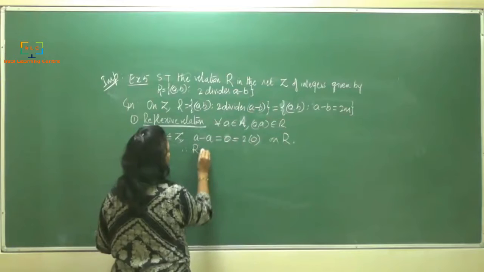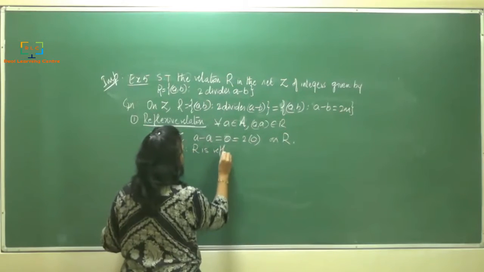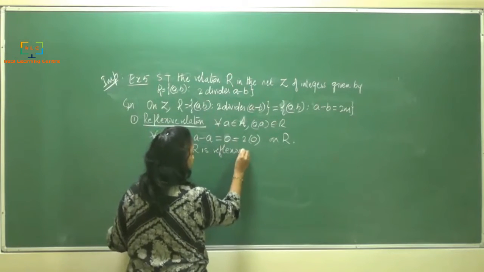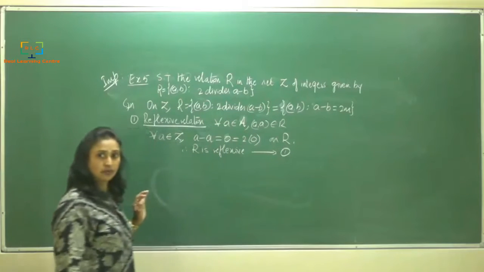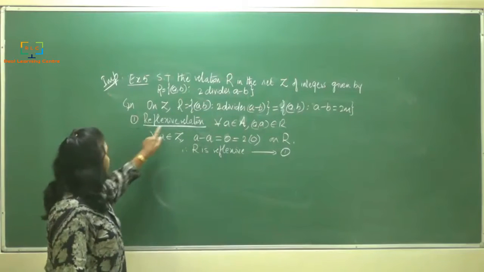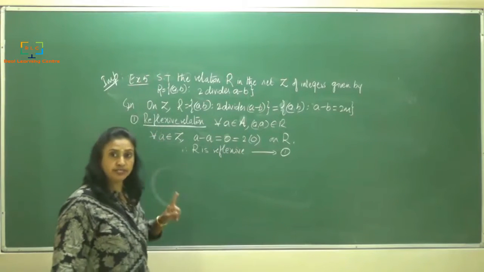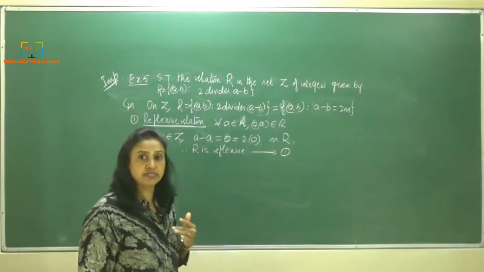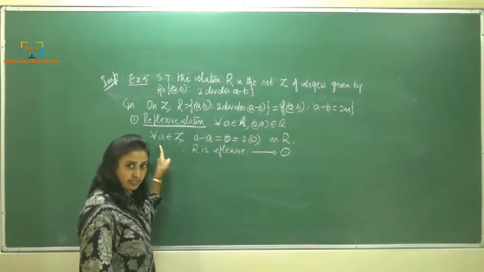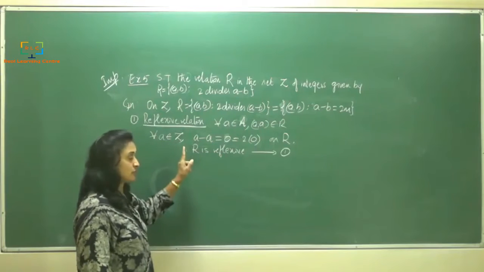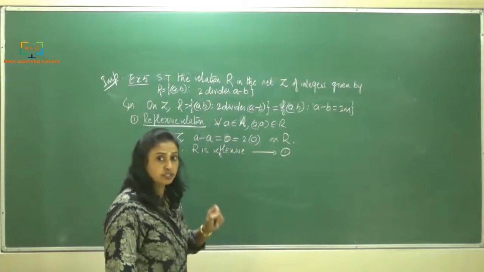Therefore R is reflexive, and I'll call this statement number 1. Okay, I'll repeat. For reflexive relation, we have to take elements from the set itself, which is our set of integers. For every integer whatever I take, I should check in the relation for the operation they have given.